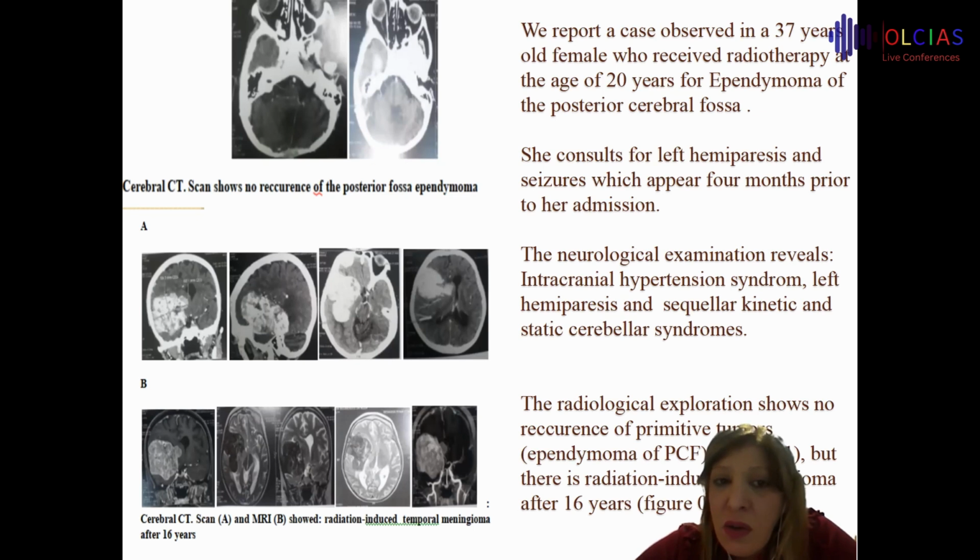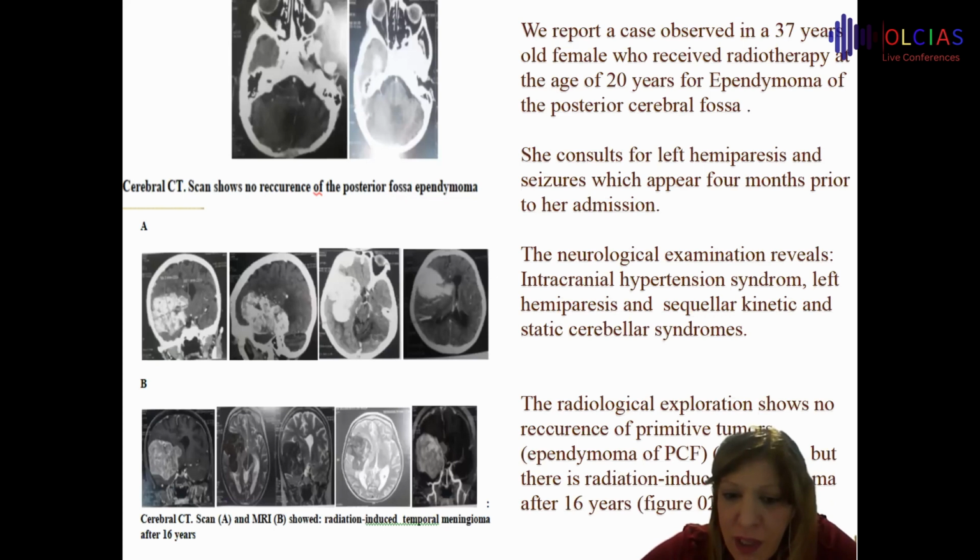But the radiological exploration, this CT scan, shows no recurrence of a posterior fossa ependymoma. However, here we have the emergence of this process, exactly in the left temporal region.